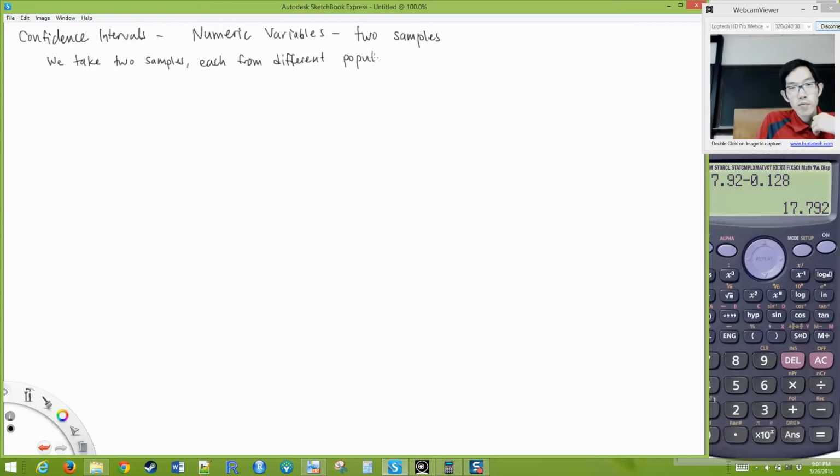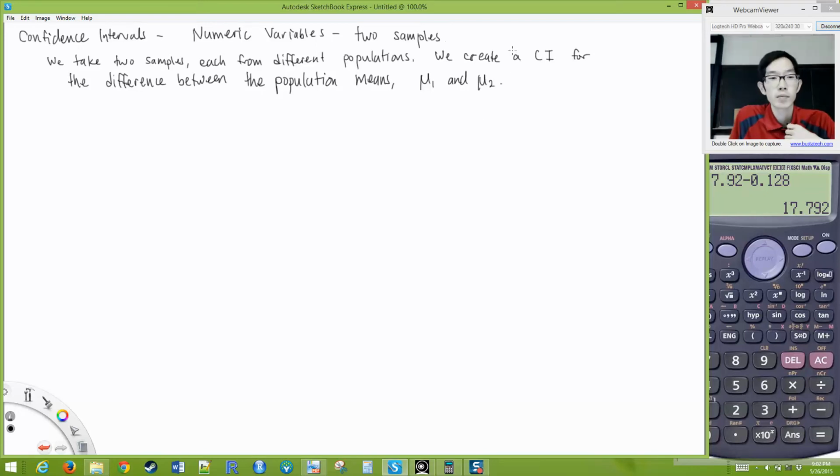And then we create a confidence interval for the difference between the population means, mu1 and mu2. So here's the formula.